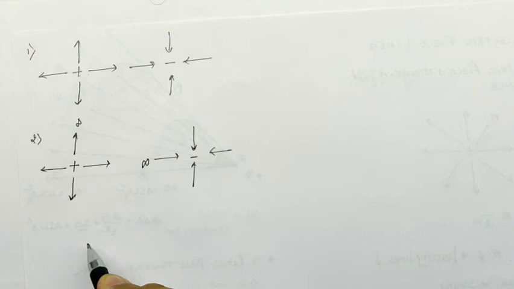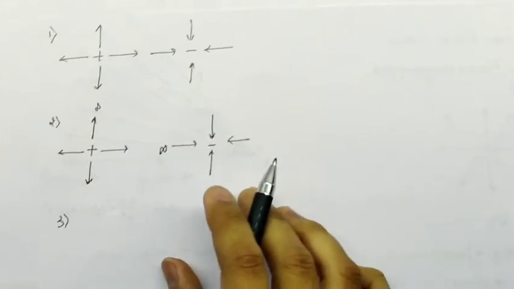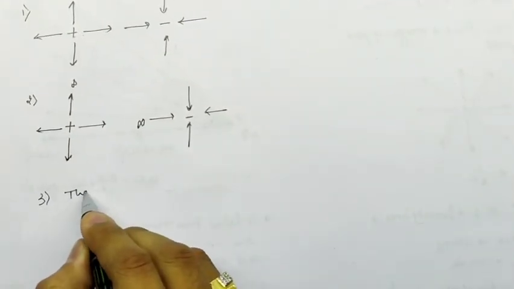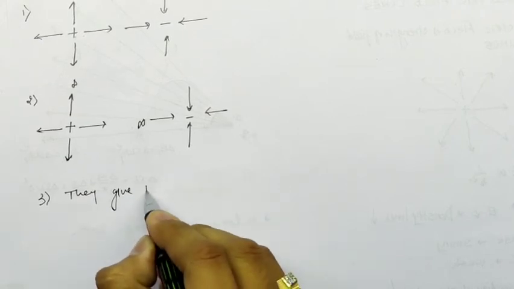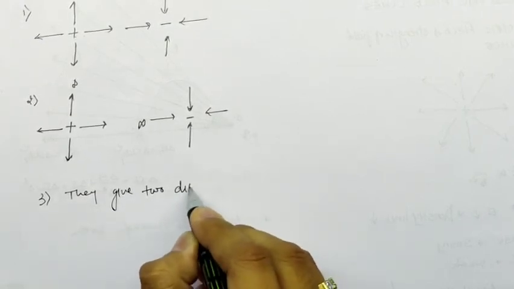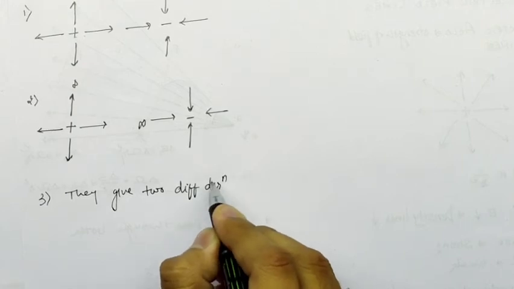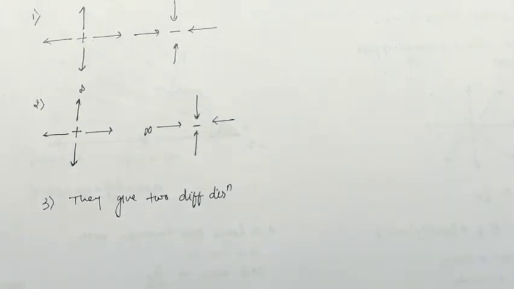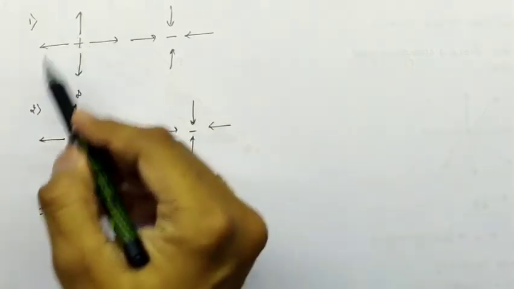Why? Because if they cross, they give two different directions, and a single point cannot have two different directions of electric field. And the last property: electrostatic field lines do not form a closed loop.